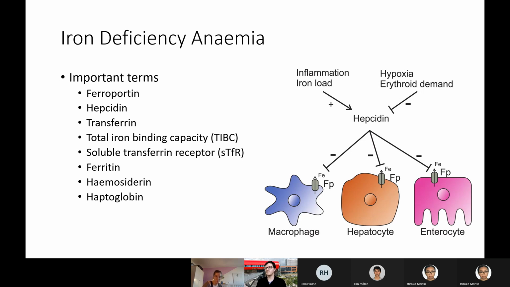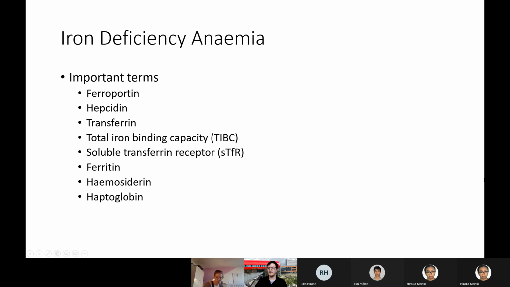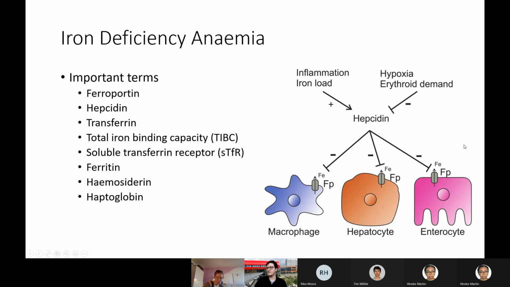Then you have ferritin. What is ferritin? Some form of storage for iron. Yeah, that's correct. So iron will be stored attached to ferritin within the cells. This is kind of a stepwise mentioning of terms.